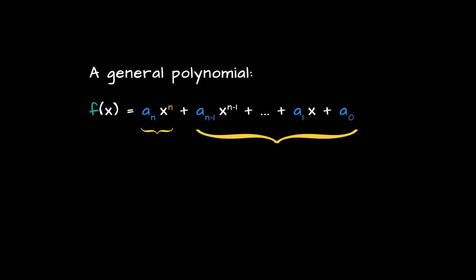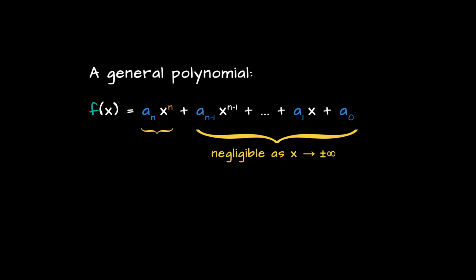Although general polynomials are more difficult to analyze than power functions, their asymptotic behavior is not. The reason is that all of the lower order terms, the ones for which the power of x is less than the degree of the polynomial, become negligible as x goes to positive or negative infinity.